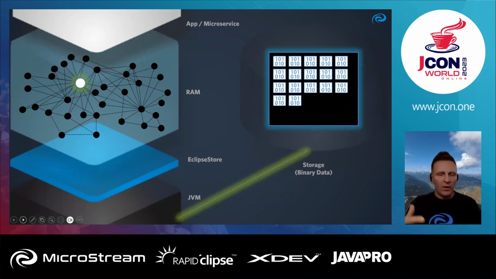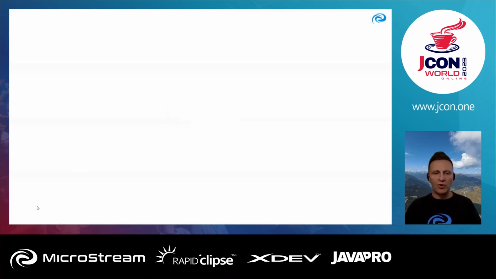If you want to read a customer object from a collection, just call a get method, get customer. And if the customer is already in memory, you get the object from the JVM. If the object is not in memory, Eclipse Store will load the object reference. It knows where to find the binary representation in your storage, and it merges the object directly into your object graph, and you get the object.